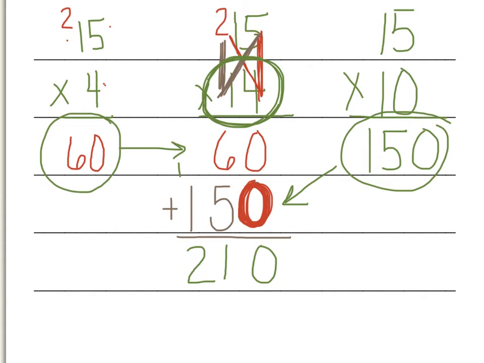Let's take a look at a couple more just so you can make sure you're understanding the steps. The next example that the book gives you is 43 times 12. So let's take a look at that. 43 times 12.